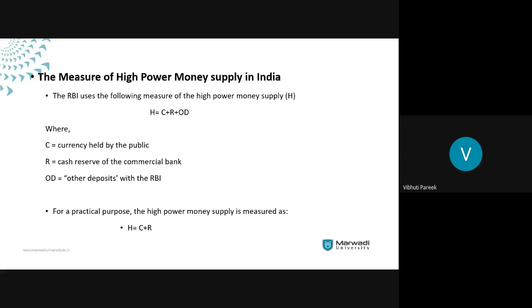We are already aware of what high power money is, right? We went through it yesterday: it is the money used by the bank, and with the help of the minimum reserve system we are able to give out as much money as possible only by keeping a minimum reserve of gold of 115 crores. If you divide that among India's whole population, each person would not even get one crore of gold; it would fall very short.